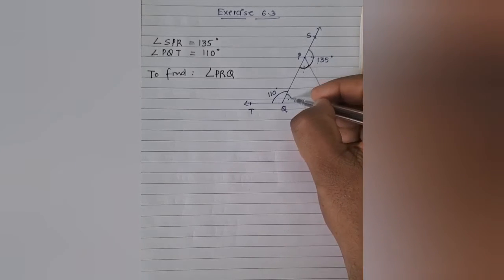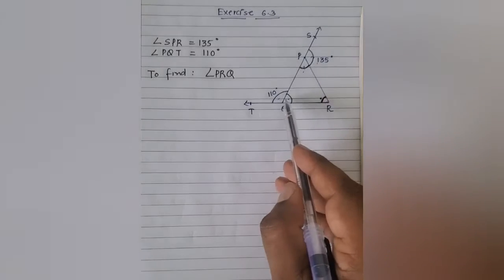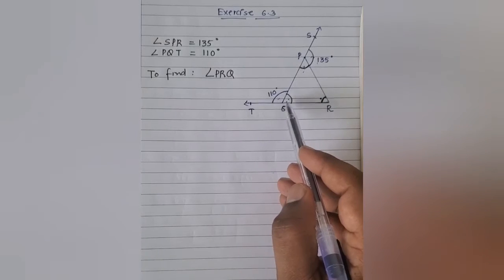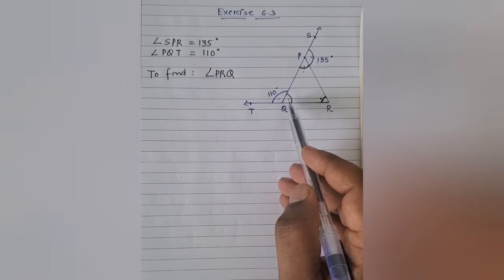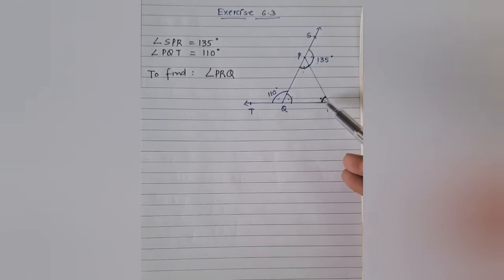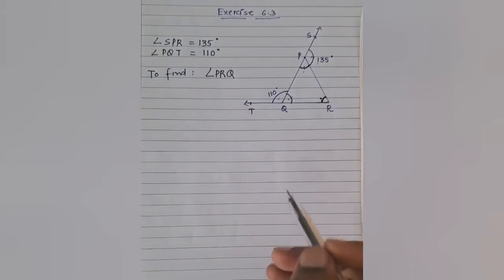Likewise, over here also, these two angles make up a linear pair, and hence their sum should also be 180. Once I get these two interior angles, I can easily find angle R using the angle sum property. Let me proceed with the solution.